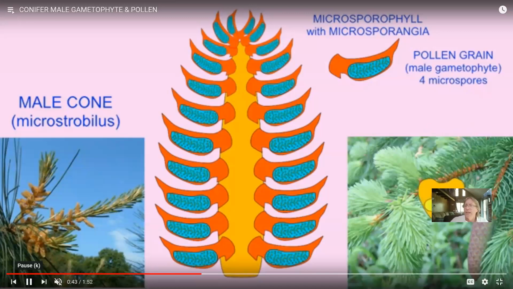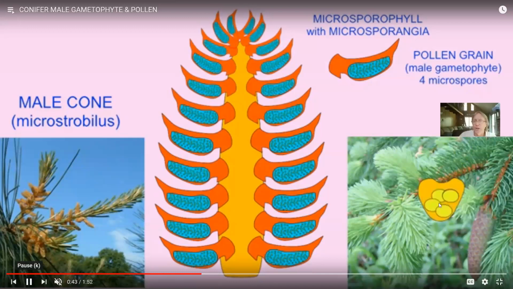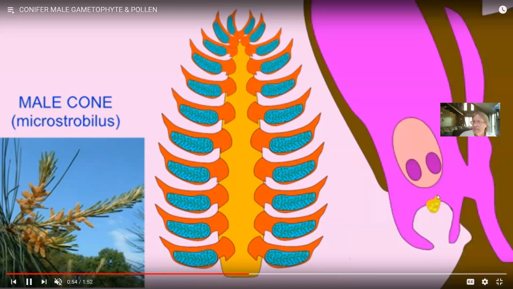These pollen grains want to be blown by dumb luck and reach a female cone. And when they do, they will grow. Now, this is the haploid stage of the male. So this is the male gametophyte. In mosses and liverworts, it's a free-living plant that's doing photosynthesis.